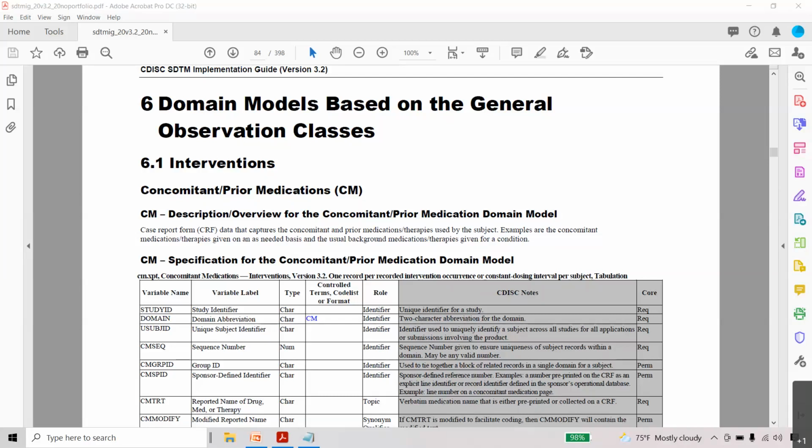So in the intervention general observation class, we have domains like concomitant medications, exposure, exposure collected, substance use, and procedures. The interventions general observation class captures, during the study period, whatever the subject consumes or takes.